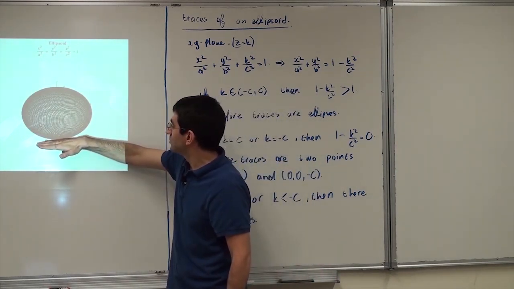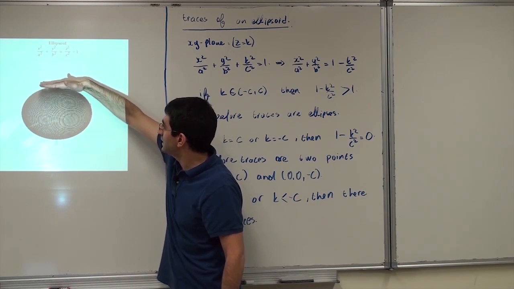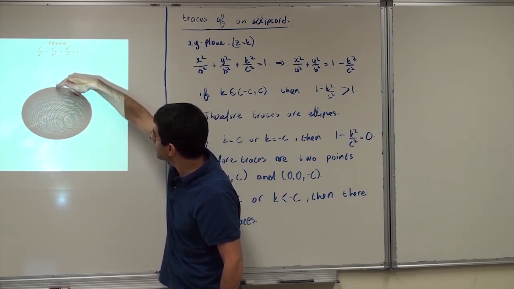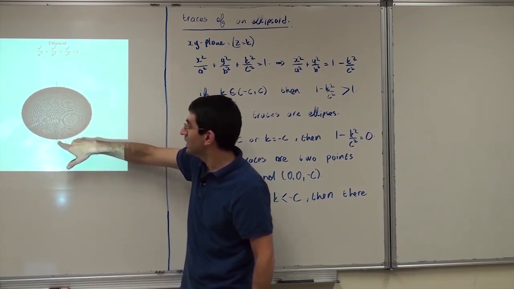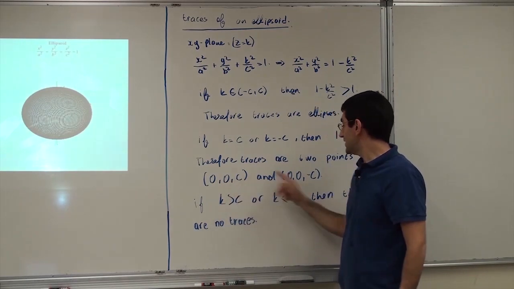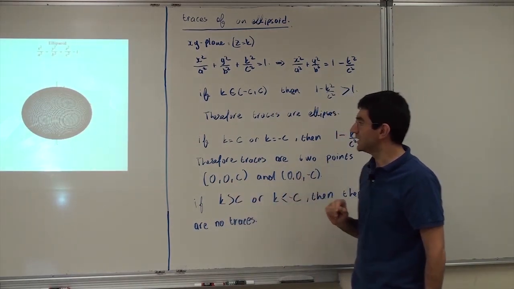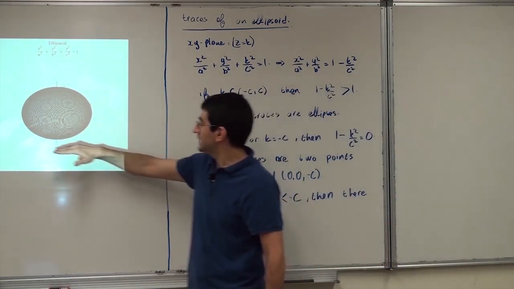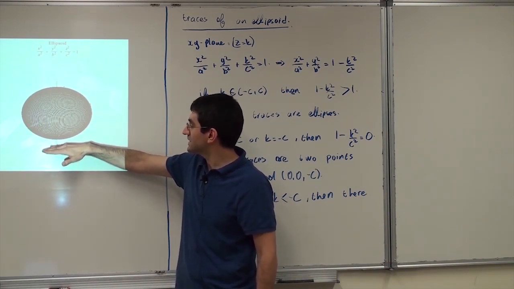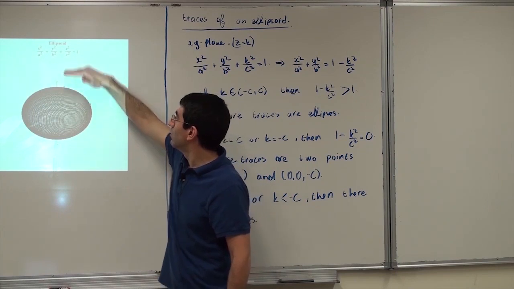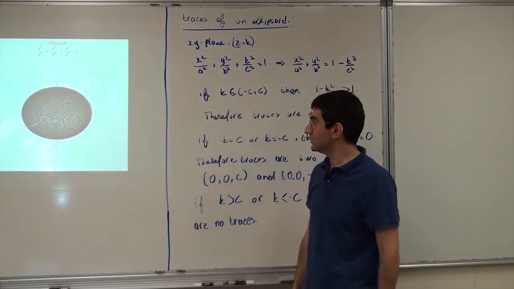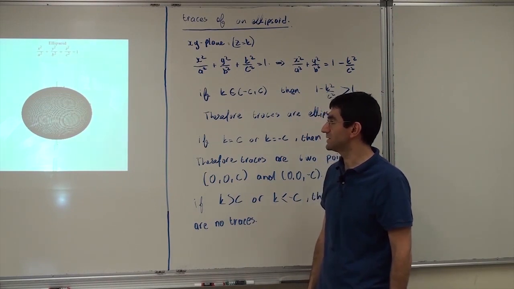If z is equal to negative c or z is equal to c, then I'm going to only intersect with this ellipsoid at the top and bottom point, which means the intersection is going to be (0, 0, c) or (0, 0, negative c). And if my planes are z equals k, where k is less than negative c or more than c, I will not intersect at all with this ellipsoid, so there will be no traces.